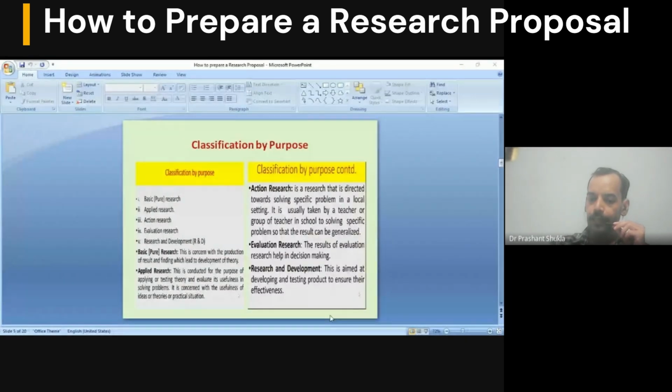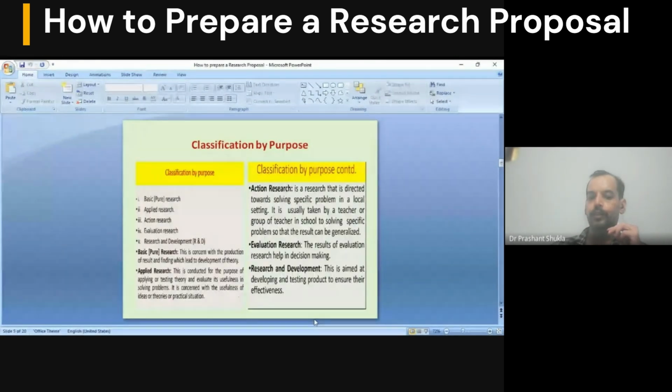The fourth one is, as you can see, evaluation research. Yes, this we can very well do, and we can claim it to be a kind of applied philosophy, and I here mean application of philosophy. The purpose is the evaluation in the process of decision making. And finally, the sole purpose is research and development.